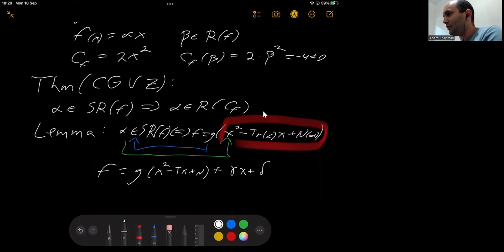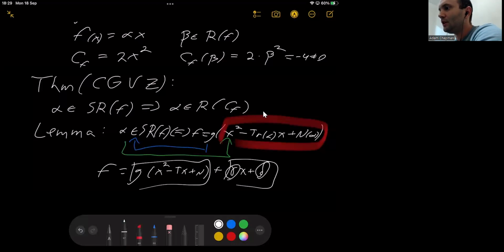You can choose an element equivalent to alpha inside this complex algebra, and you plug it in, and then this thing disappears, and that thing should be equal to 0. And then you can also plug its conjugate inside this complex algebra, and that implies that both delta and gamma are going to be 0, and that's how you get that the remainder is 0.